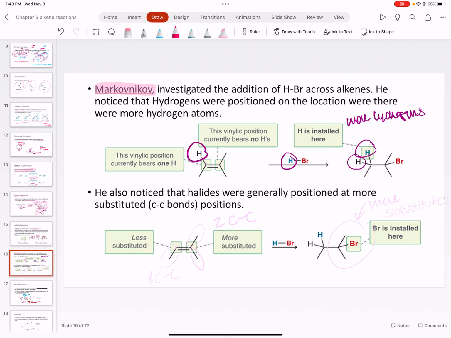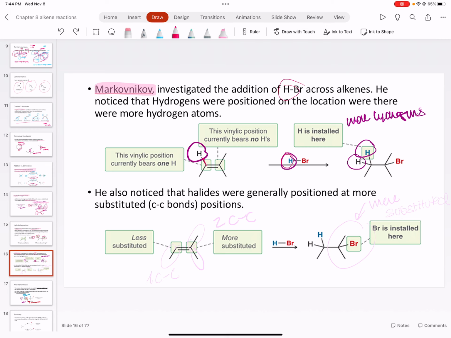So for example, in here we have a hydrogen, right? If we have an HBr, hydrohalogenations are normally hydrogen bromine, hydrogen chlorine, hydrogen iodine. That means we're going to add a hydrogen on one side and a bromine on the other, a hydrogen on one side and a chlorine on the other, or a hydrogen on one side and an iodine on the other.